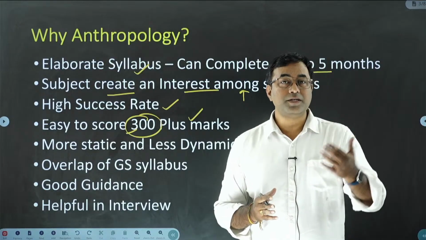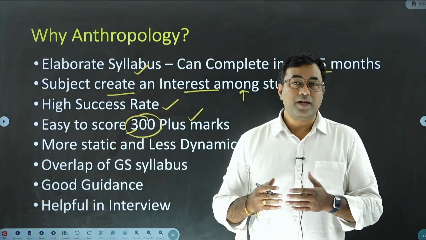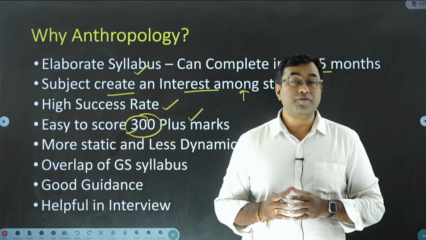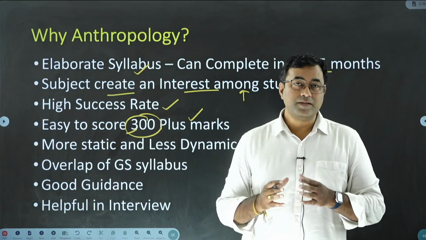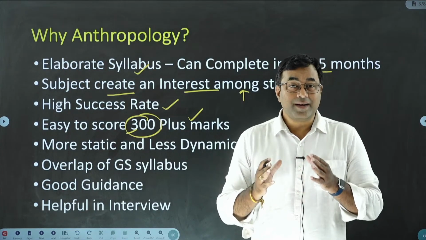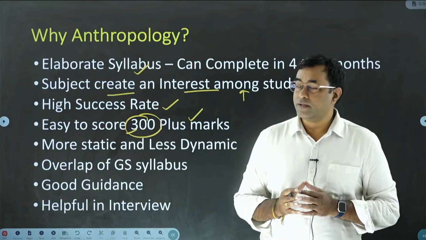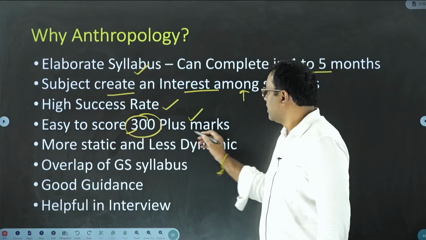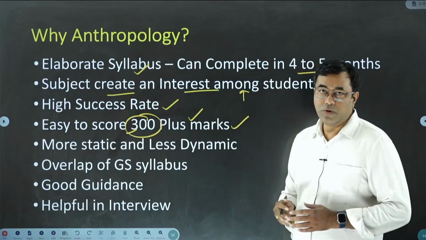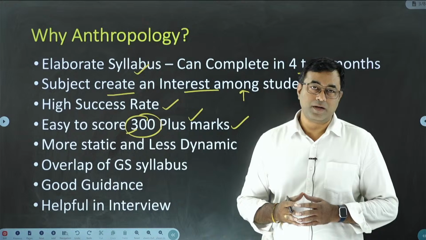But in anthropology, not only 300 plus, at one time it has given almost 350 plus marks. The subject is such that you can easily write good answers and get a good score. So getting a 300 plus score with minimal effort is possible only with anthropology.